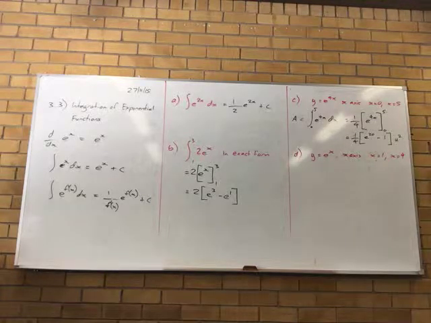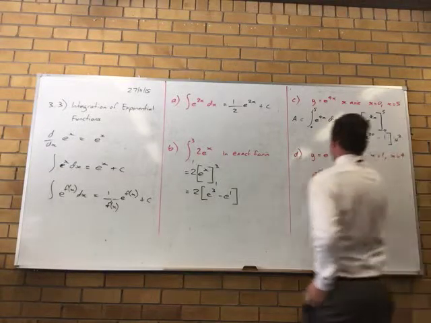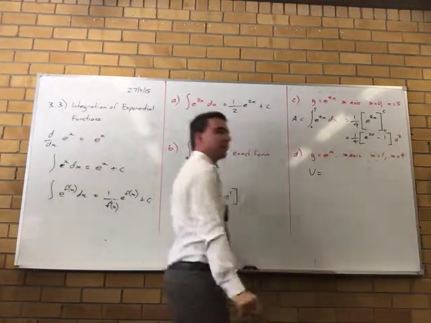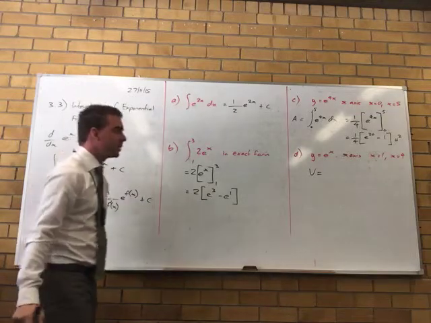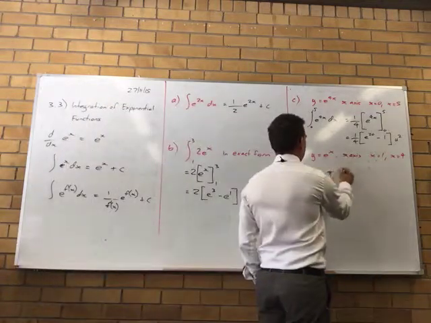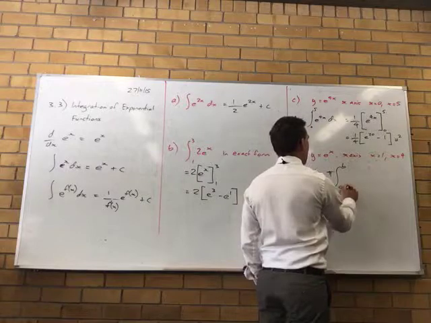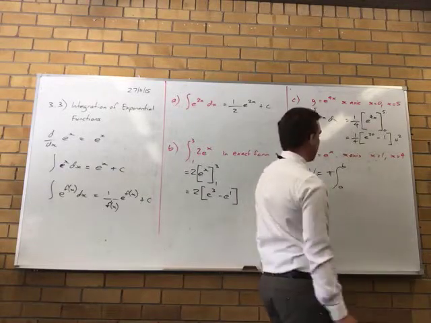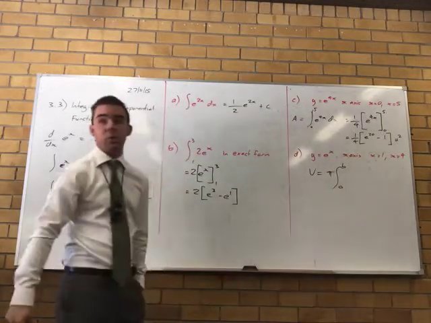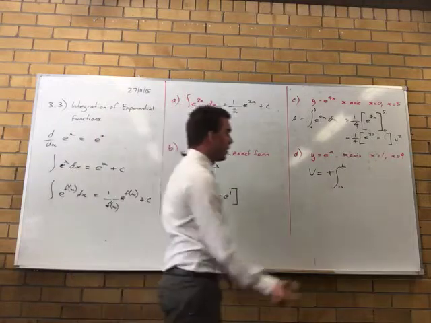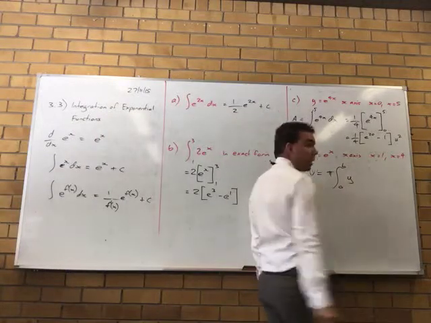Okay, the volume now. What was the formula for volume? Pi, from b to a of... when we're about the x-axis, we need what, the subject? y. Just y?